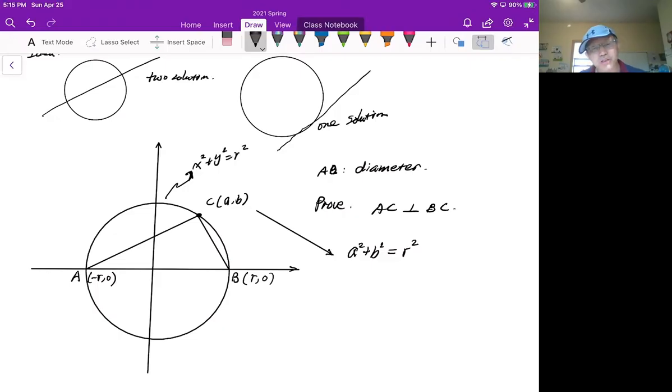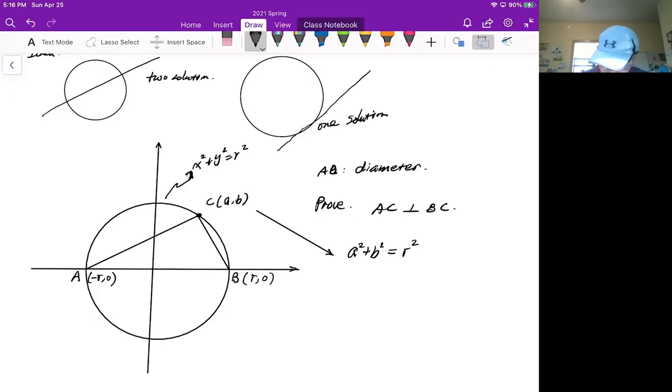Okay. How do I show the two sides are perpendicular? Think of that. Give everyone 30 seconds. That should be very easy. How do you show that two lines are perpendicular? You're going to use the slope, right? So I just need to make sure that the product of the slopes is equal to -1.